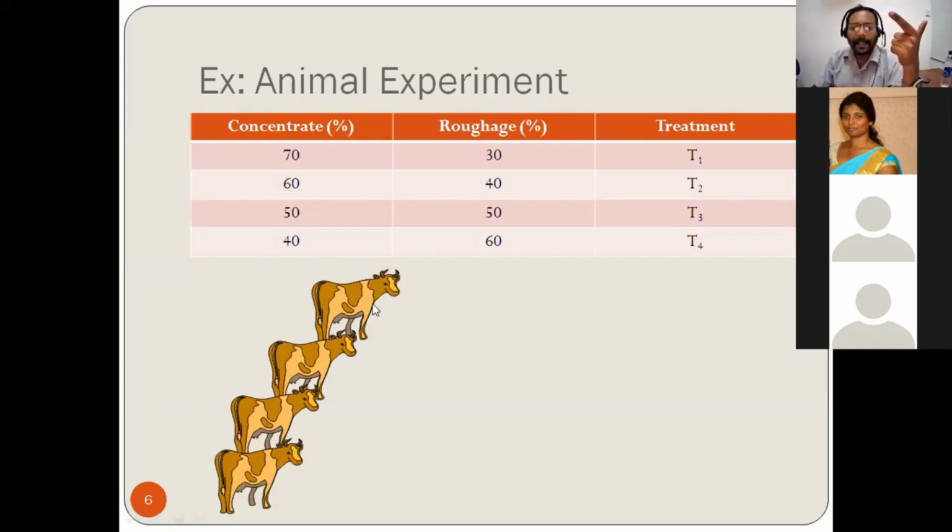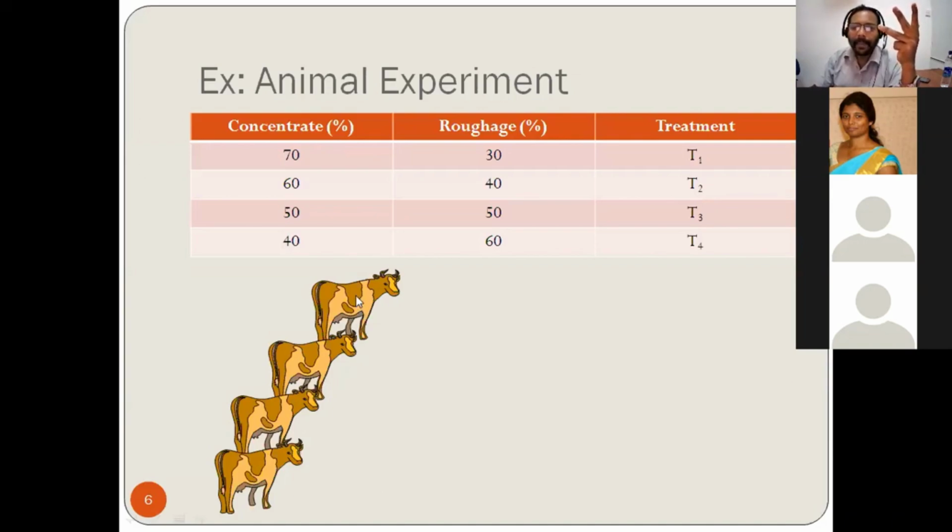Second, they are from the same parity. That is also possible. Third, age. Can we get all cows from the same age? Yes, sir, that is also possible. Fourth one, what I said is weight.